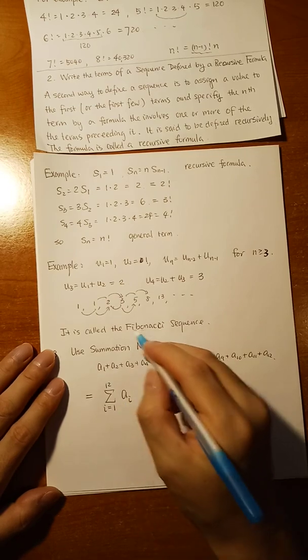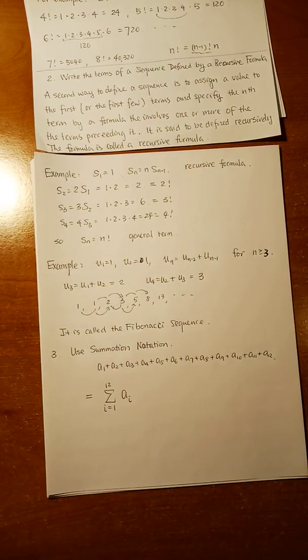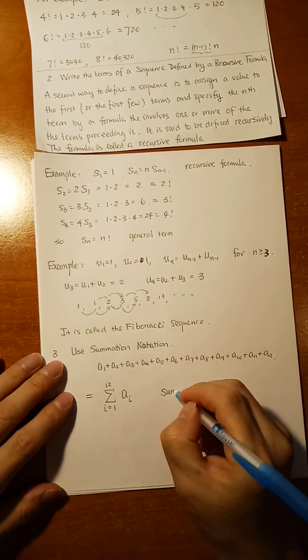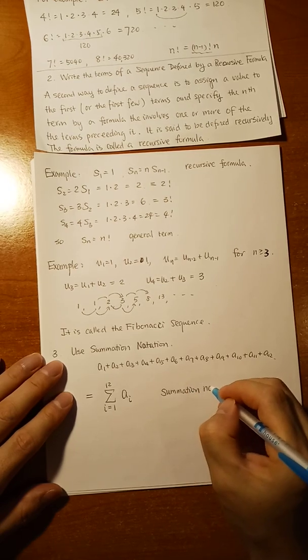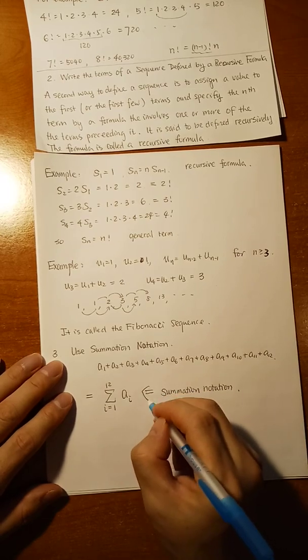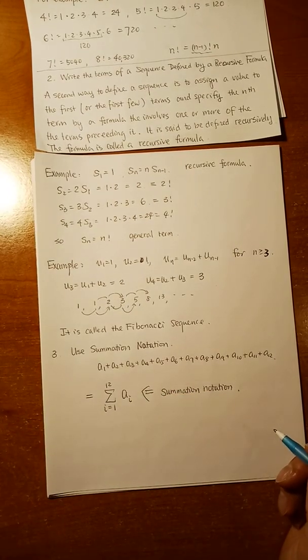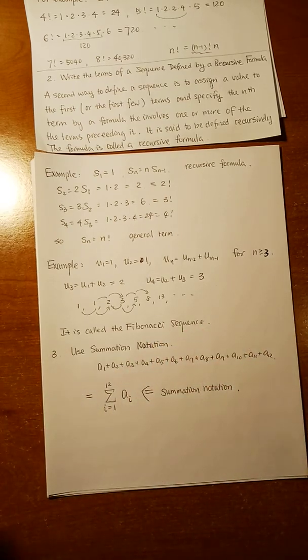And this is called the summation notation. We use sigma, this symbol, to represent that we want to add a few terms.